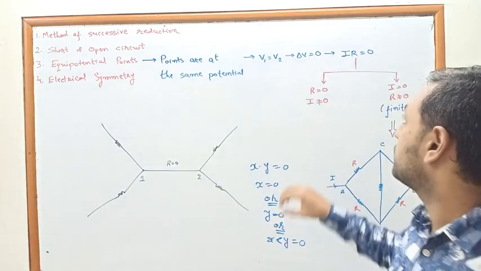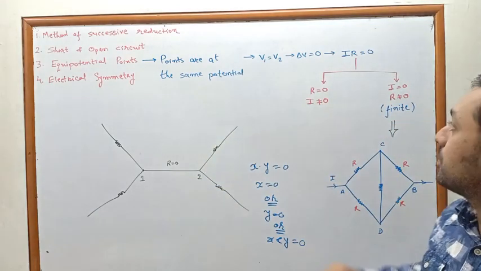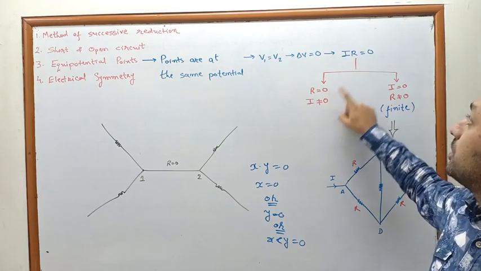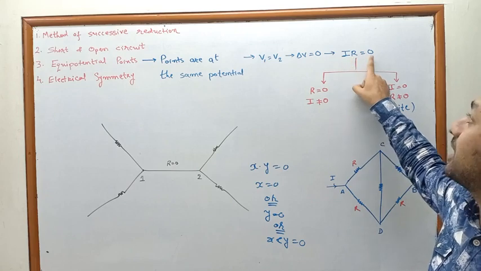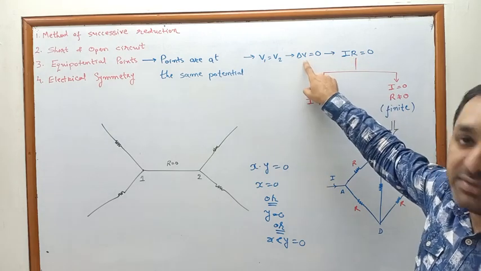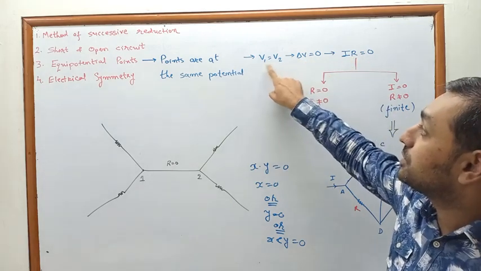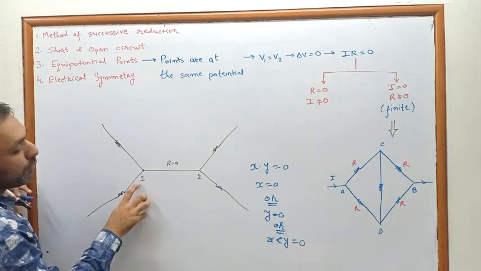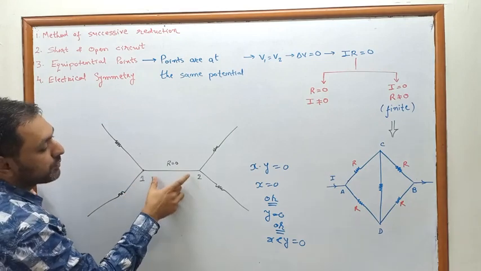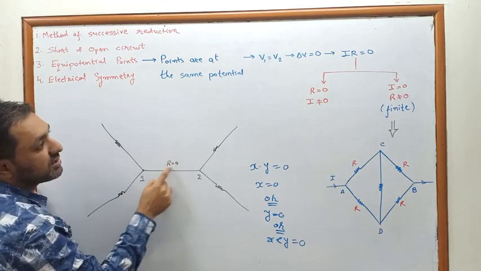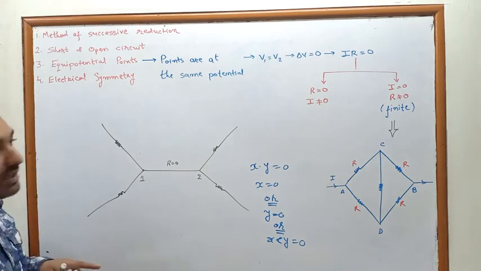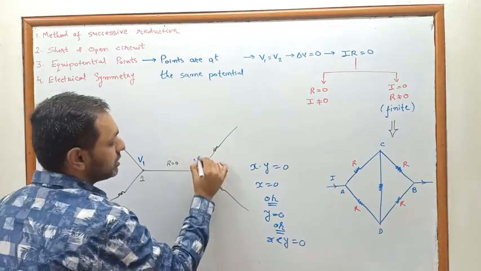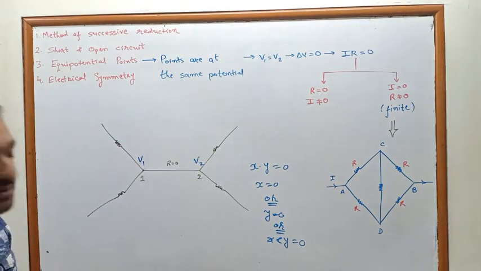So let us take case number 1. If R is equal to 0 and I is not equal to 0, in that case also the product of I and R is 0. In that case delta V is equal to 0, and these two potentials are the same. So if I join point number 1 and point number 2 by a conducting wire whose resistance is 0, in that case potential of this point, V1, and potential of this point, V2, is the same.